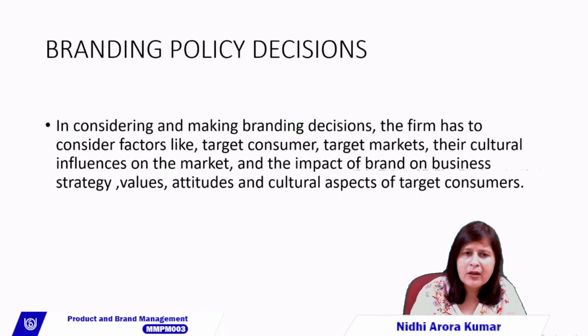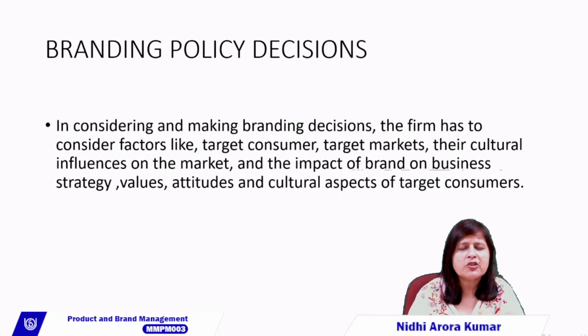So while you are taking the policy decision about the branding, the marketer should keep in mind the target customer, the target market, the culture and the influence on the market, and the values, attitudes, and the cultural aspects of the target customers, right?